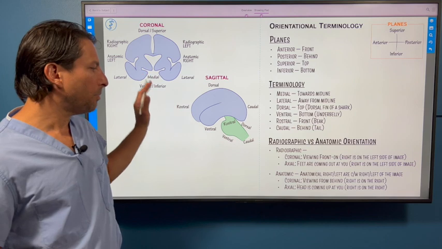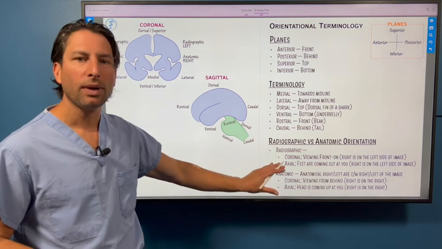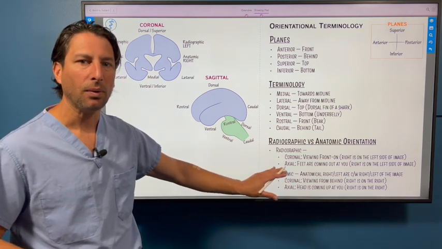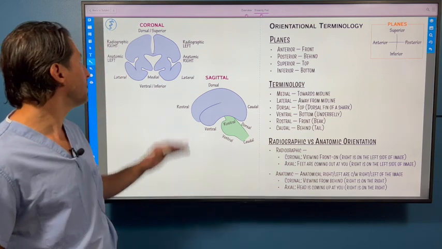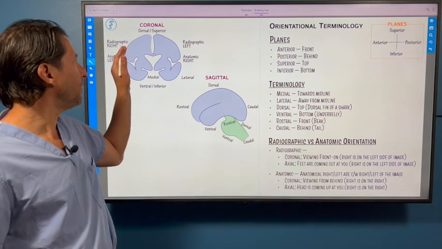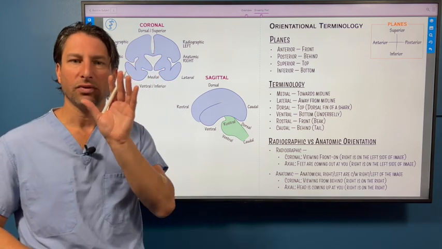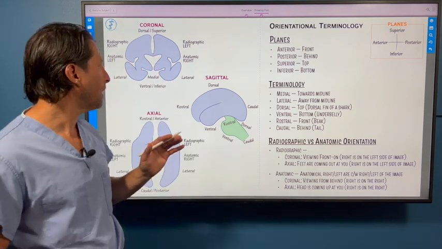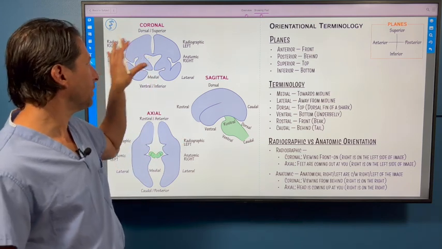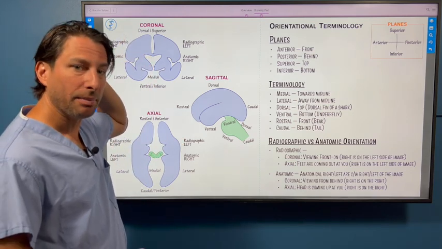And then I just want to point out the difference between radiographic and anatomic orientational standards. So in radiographic view, in coronal view, the face is front on, whereas in anatomical view, it's like you're looking at the back from behind.